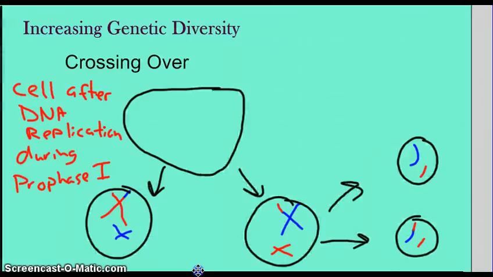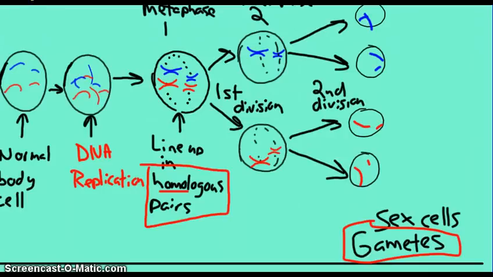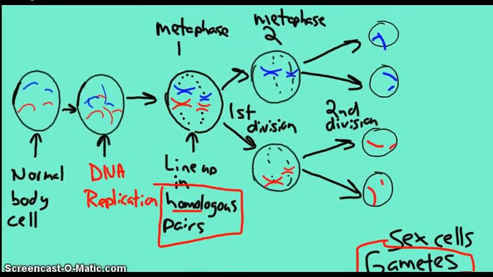If we go back, we will see the way this process works. If you look at the cell in metaphase 1, this is where the homologous pairs could have lined up in a different way. With them lined up the way that they are right now, you end up with sex cells that have a long blue, short blue, or a long red, short red.